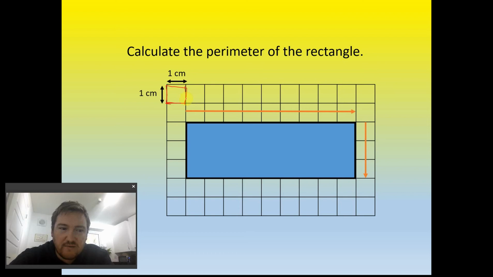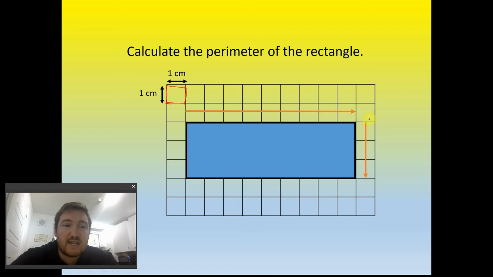And then we can use that information to work out the size of our rectangle. So you can see here, if one square equals 1 centimeter, what is the length of this rectangle? Remember, we know one square is 1 centimeter. So work out how long this shape is.